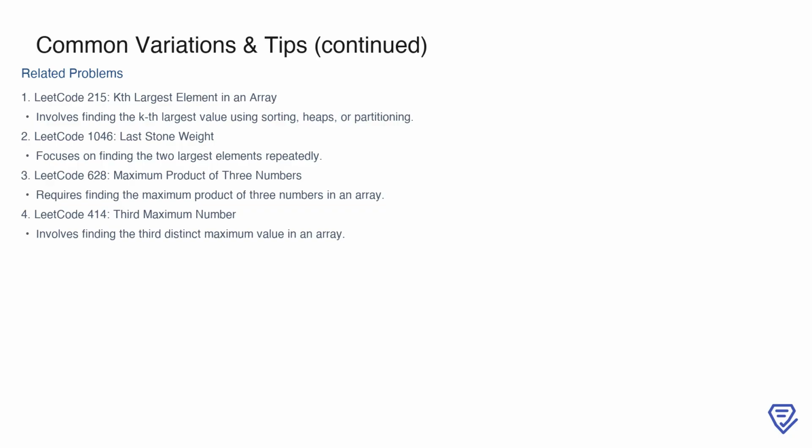LeetCode 628 asks for the maximum product of three numbers in an array, which requires a careful analysis of both the largest and smallest values due to the potential for negative numbers. Lastly, LeetCode 414 challenges you to find the third distinct maximum number, which requires tracking unique values efficiently. Practicing these problems will not only reinforce your understanding but also prepare you for variations that may appear in interviews.